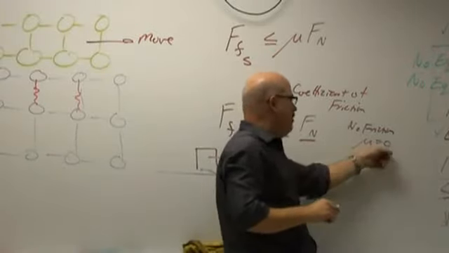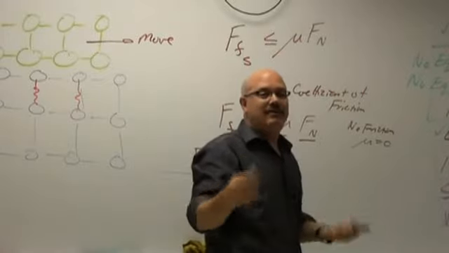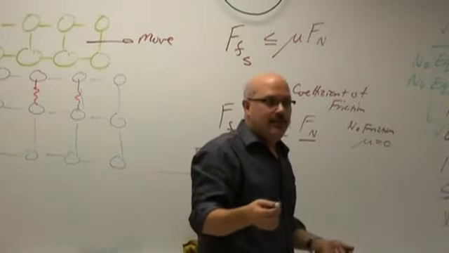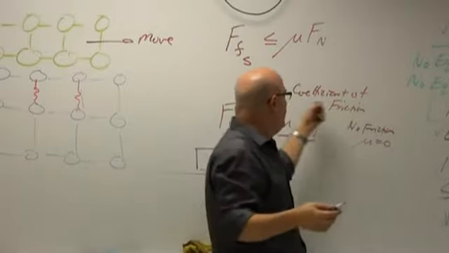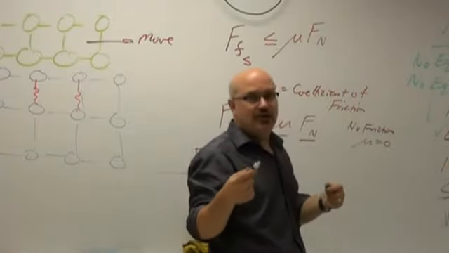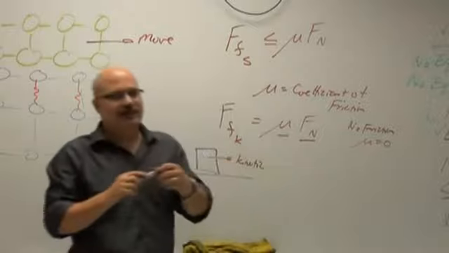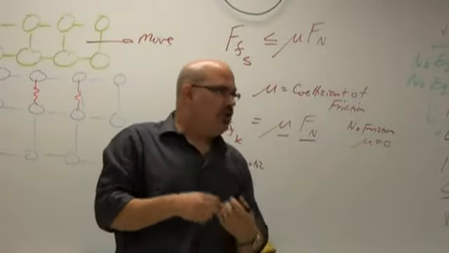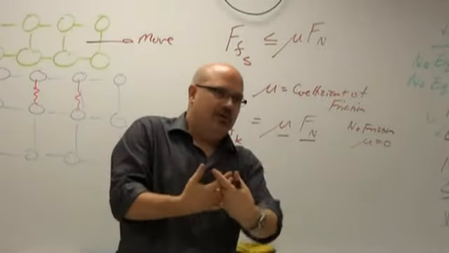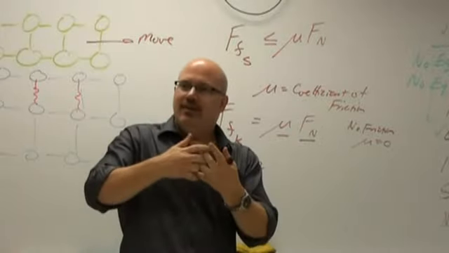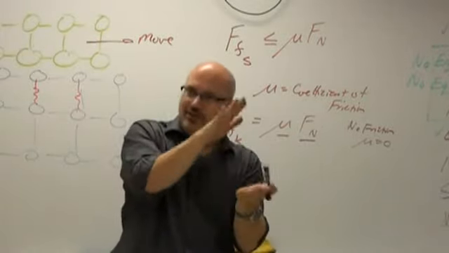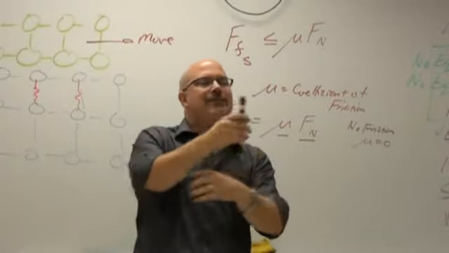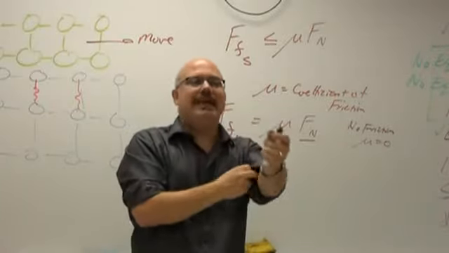And if you have lots and lots of friction, it's around 1. If you get a number greater than 1 for coefficient of friction, you probably need to check your number because you're talking something like Velcro, tape, really, really nasty sandpaper on wood or something like that. In most cases it's going to be less than 1.